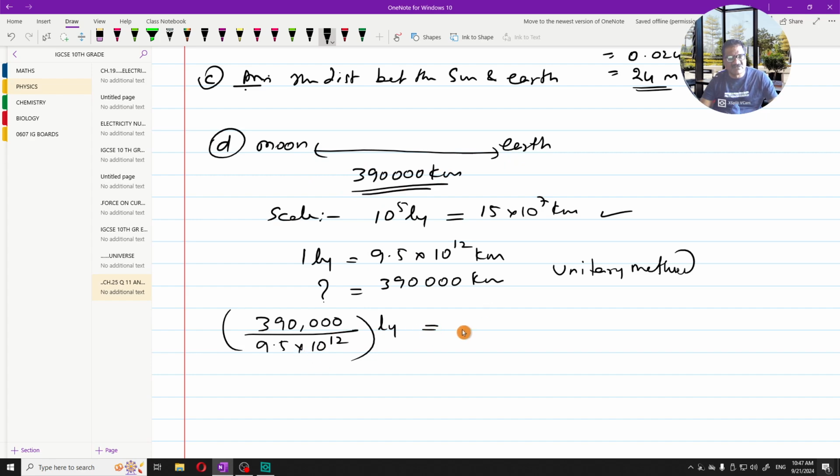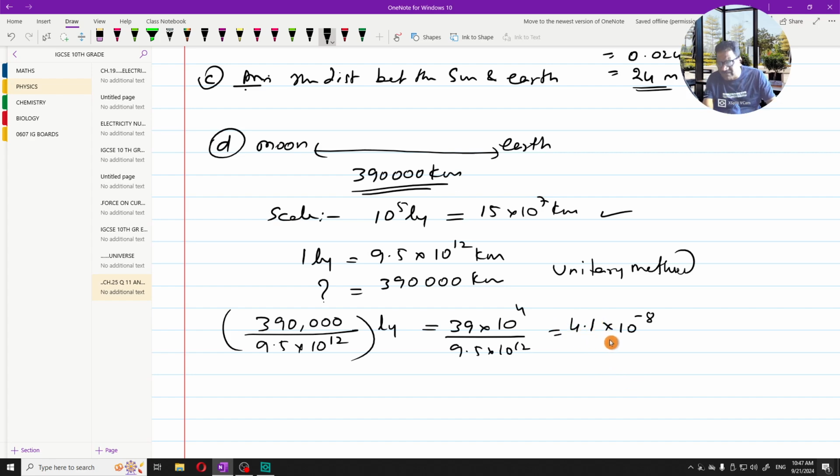So this should work out to 39 into 10 raised to 4 divided by 9.5 into 10 raised to 12. 10 raised to 4 upon 10 raised to 12 will be 10 raised to minus 8, and 39 upon 9.5 should work out to, I think, 4.1, right?